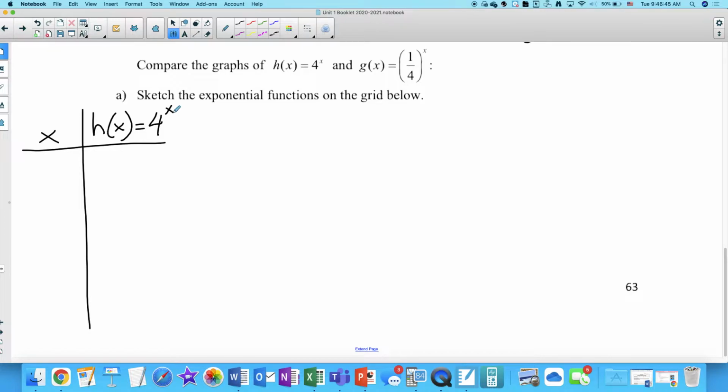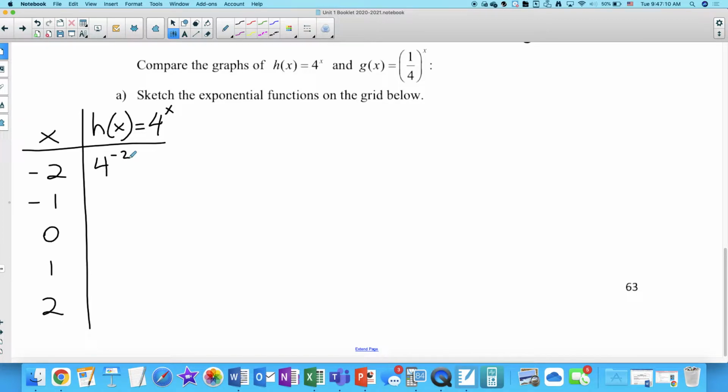Let's say we start at x equals -2, -1, 0, 1, and 2. If x is -2, h of x is going to be 4 to the -2. How do we interpret or evaluate 4 to the -2?